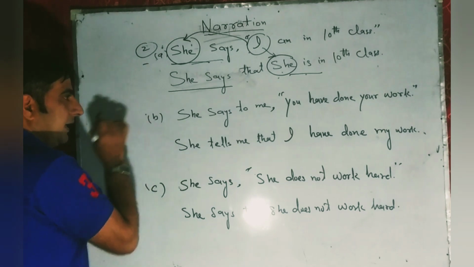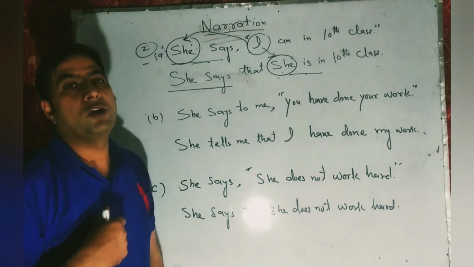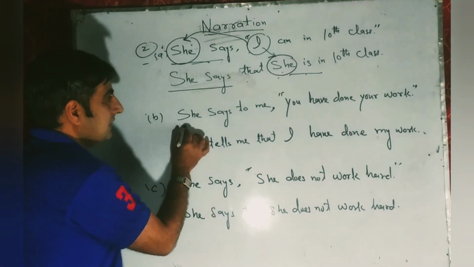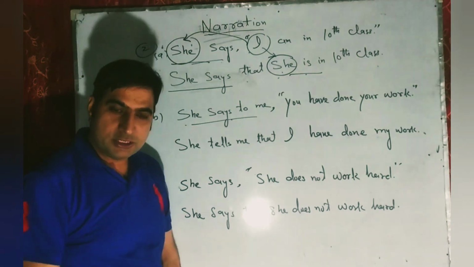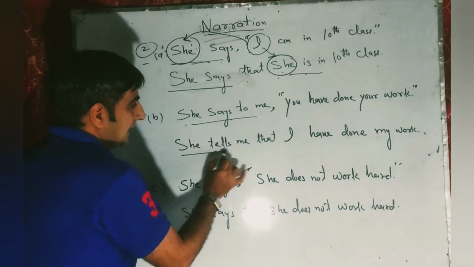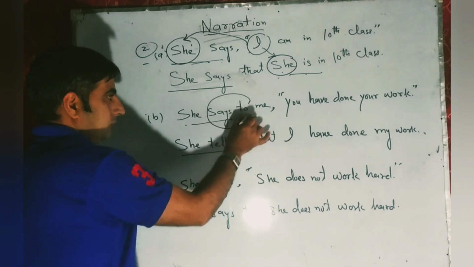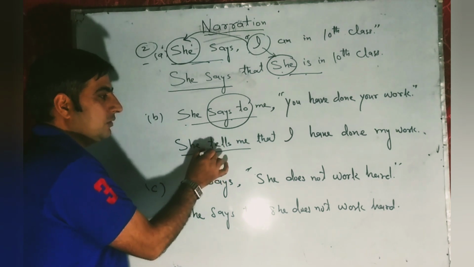Now the second is that the second person is changed according to the object of the reporting verb. She says to me, you have done your work. She tells me, because says to will change into tells, as I have told you earlier.